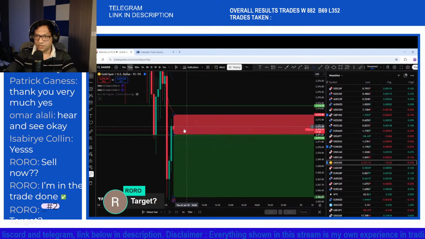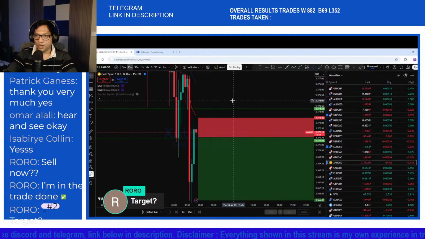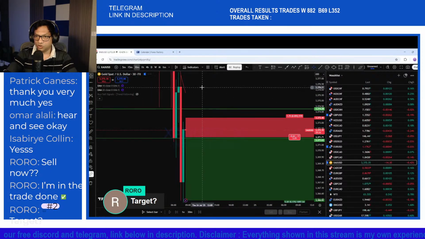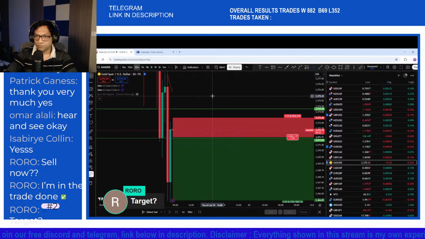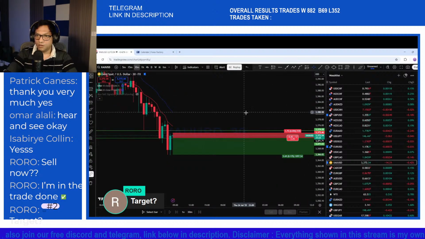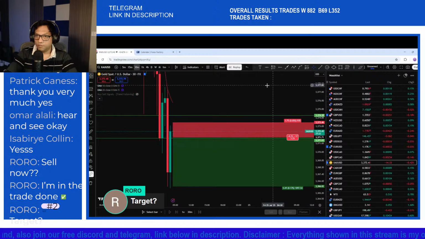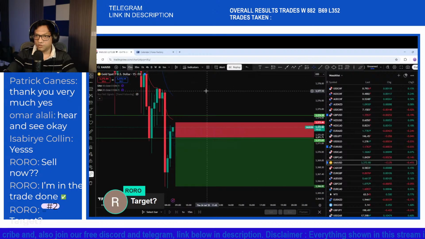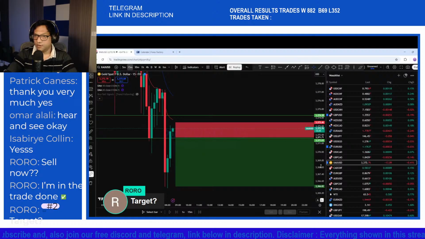The 15 minutes candle closed here, with a 30 minutes also closed. Now there is a weak fill trying to push back.